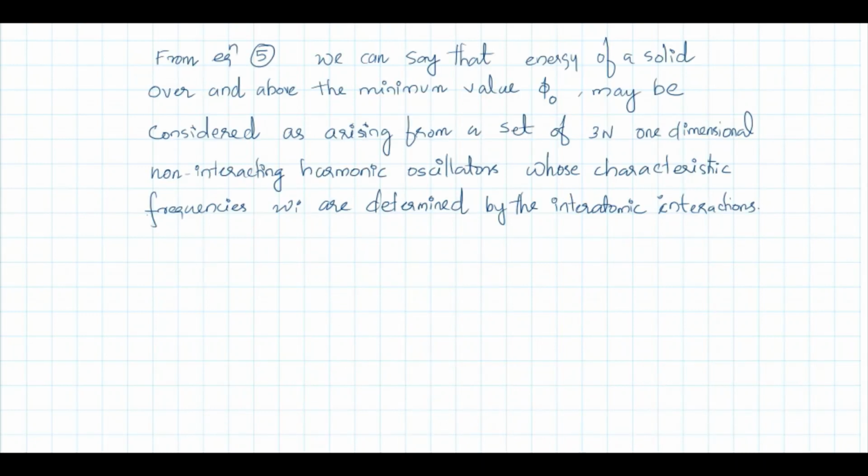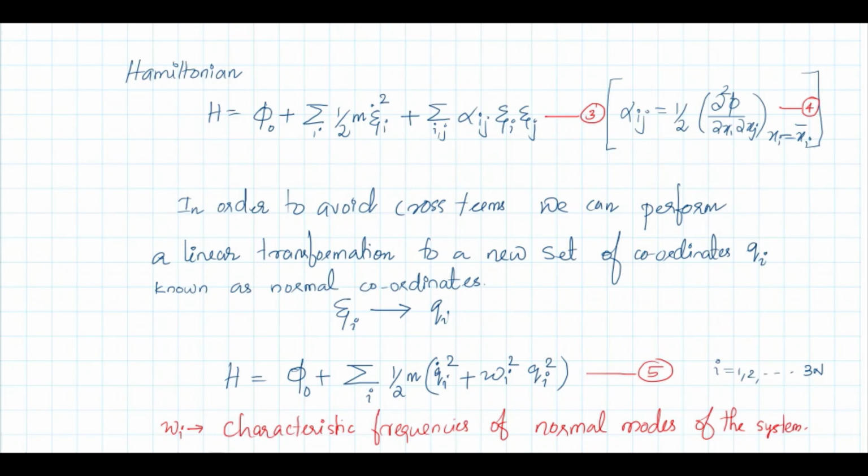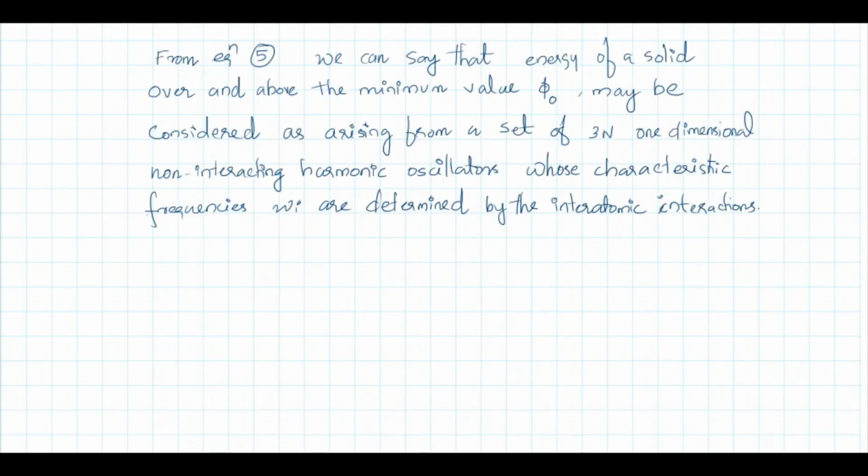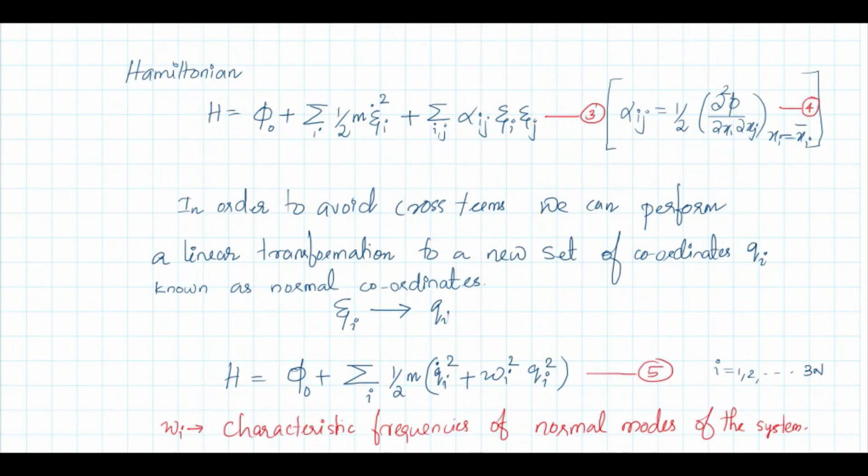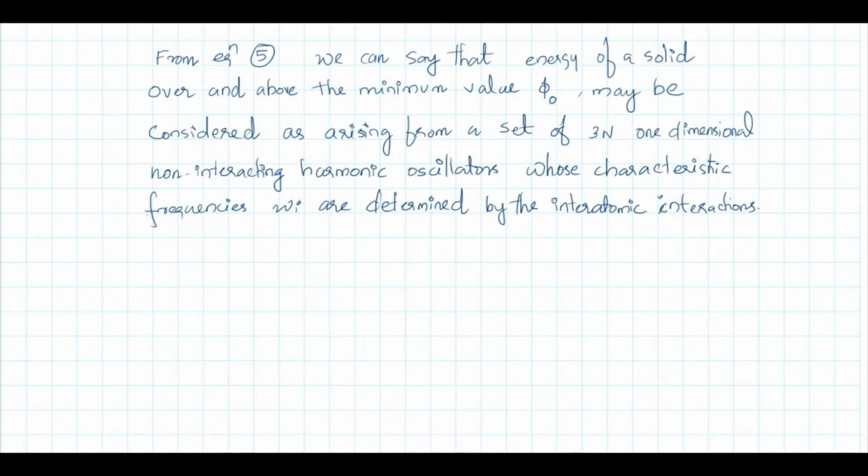From equation 5, we can say that the energy of a solid over and above the minimum value φ0, which is the minimum energy of the solid, may be considered as arising from a set of 3n one-dimensional non-interacting harmonic oscillators whose characteristic frequencies ωi are determined by the interatomic interactions.